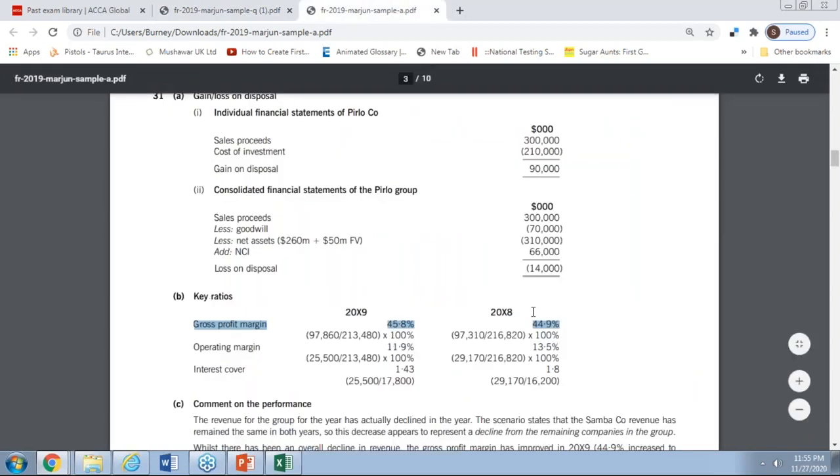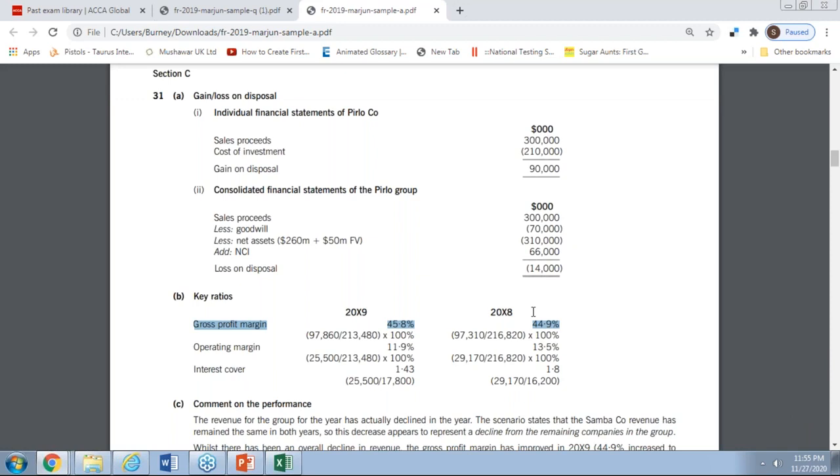So what does it mean? It means that the group as a whole is earning a profit of 44.9 and 45.8%, in which Samba company's contribution is 80 and 81%. It means that the rest of the members of the group are working at very low profit margins.